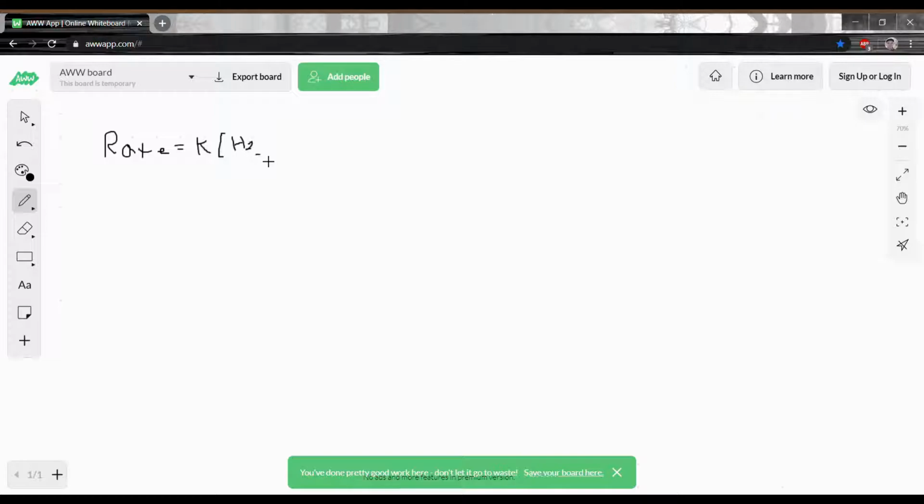This is A raised to the X power. This is one of the orders that we're trying to find. And that's going to be multiplied by the concentration of the other reactant, which is NO. This is our B. That's going to be raised to the Y power.